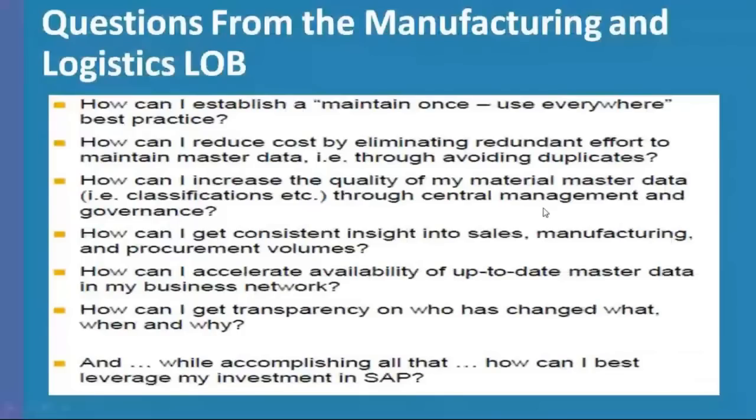Then how can I get consistent insight into sales, manufacturing, and procurement volumes? So basically, as I mentioned, in your process flow, you can maintain different levels. You can maintain requester, then data manager, then procurement, then planning, then production, then sales, then finance, then logistics.